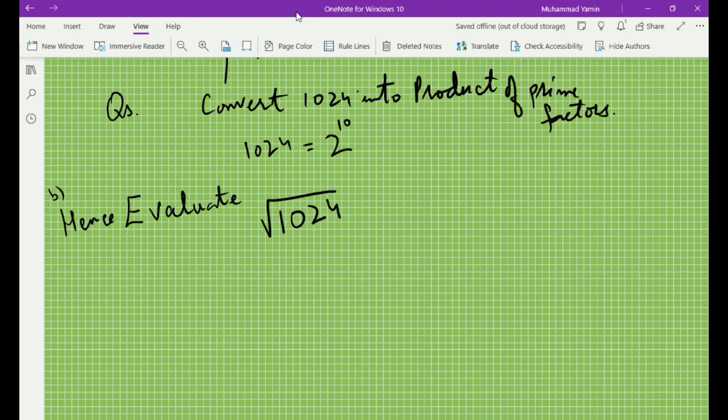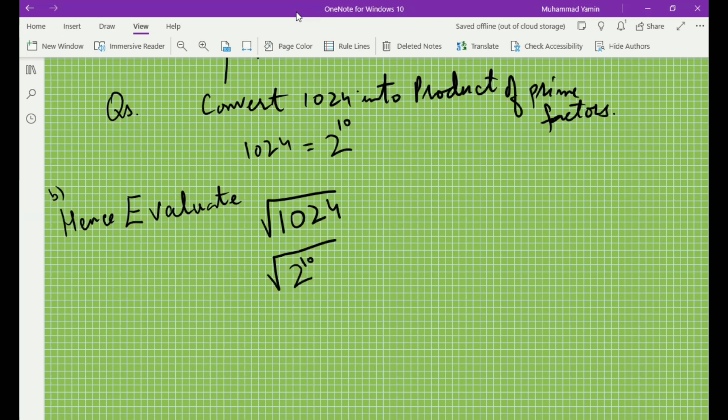Just see. Square root of 1024 can also be written as square root of 2 to the power 10. Right? When the square root is there, then the process is we will divide the power of every factor by 2.